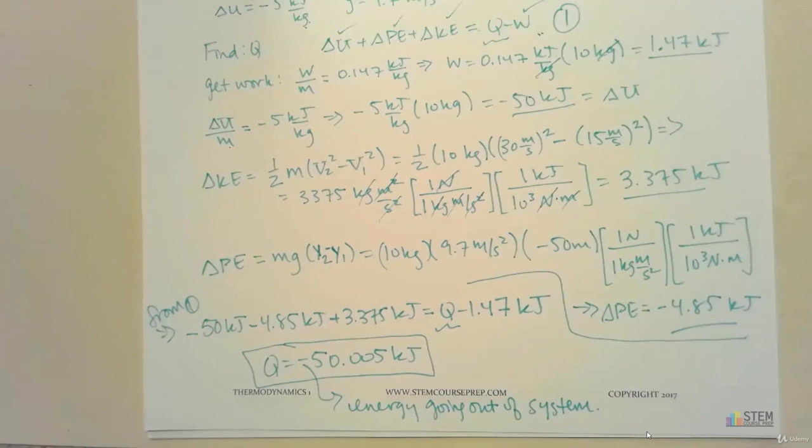That's how you do that one, a simple energy balance equation. Important things to remember on these: always check your units and pay attention to terms that say specific. Also always make sure you look at the sign, because that gives you a big indicator of what's going on in your system.